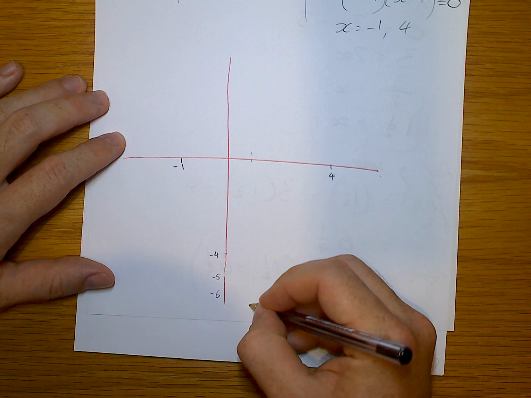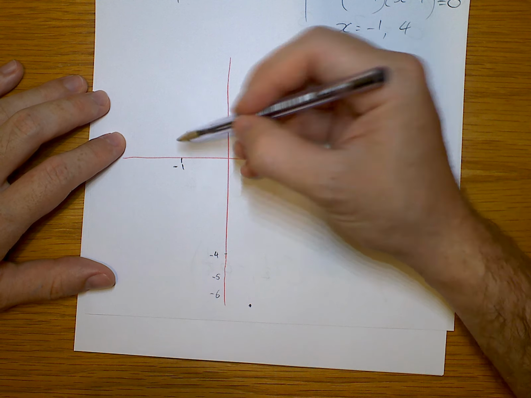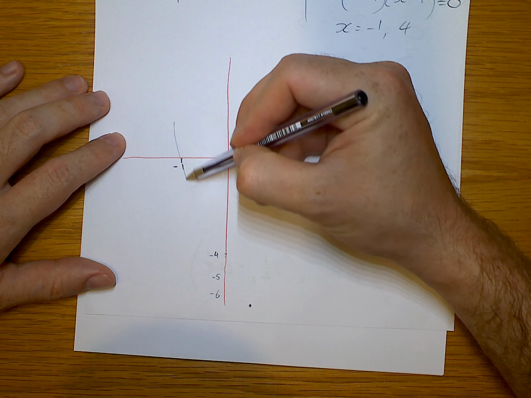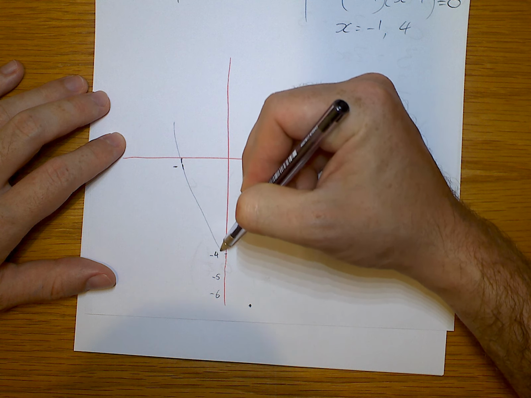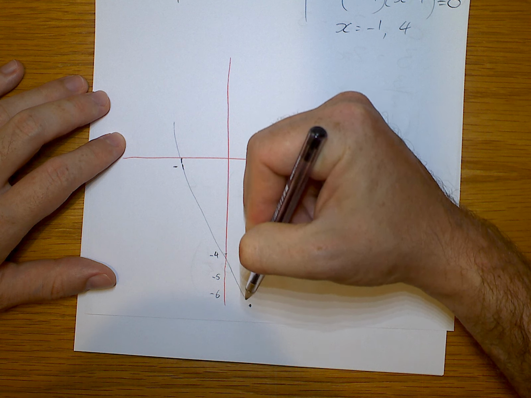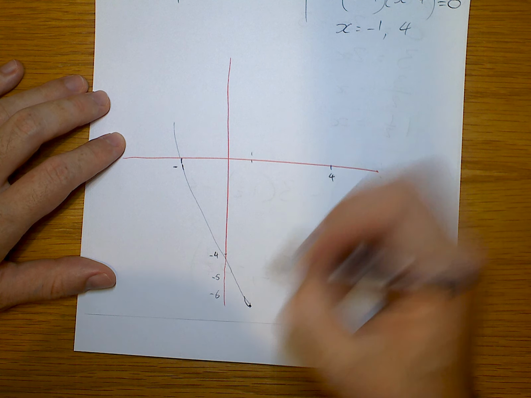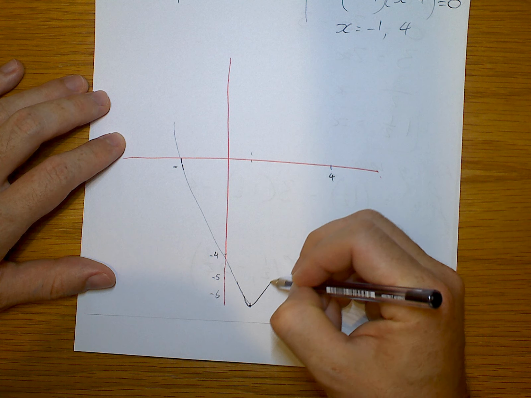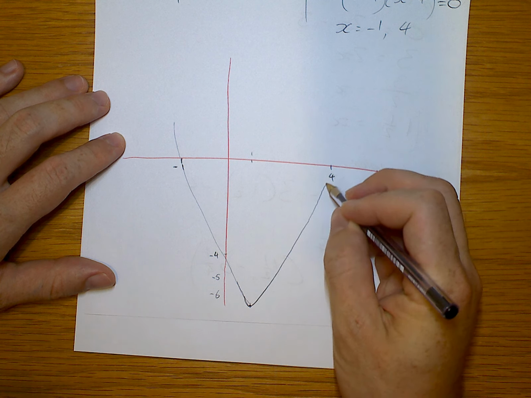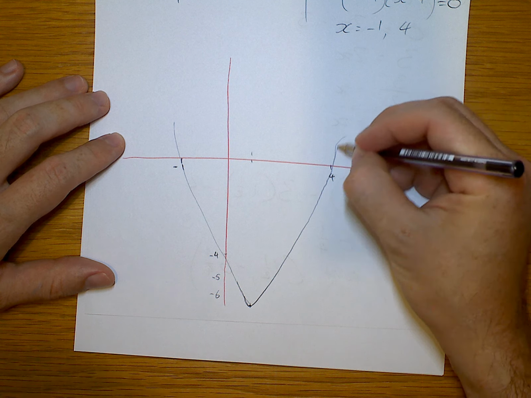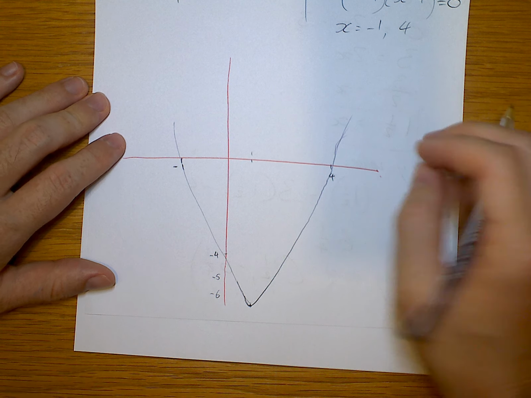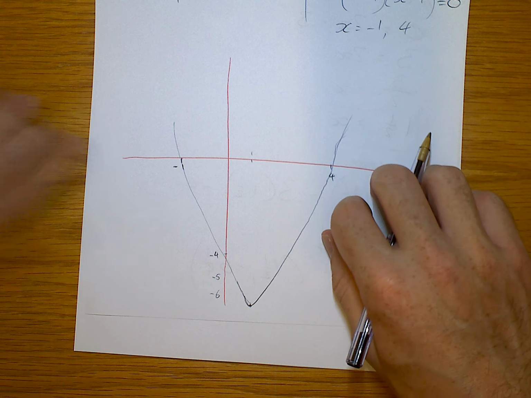It's going to be about here. So our parabola will cut the minus 1, curve, hit that point, if I can, and go up through 4. Okay, a little bit pointy, but there's our answer.